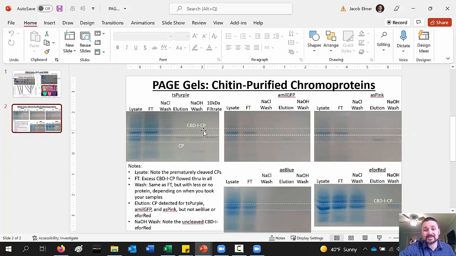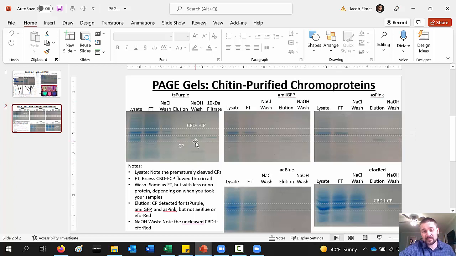And then we see a little bit of it left in the sodium hydroxide wash here, but that sodium hydroxide looks like it might have actually increased intein cleavage somehow because we see a lot of chromoprotein come off in this fraction as well. Maybe that too was also just chromoprotein that the intein cleaved, but then for some reason the chromoprotein stuck to the beads, or it denatured, it aggregated there. Either way, we would see it here on this gel.